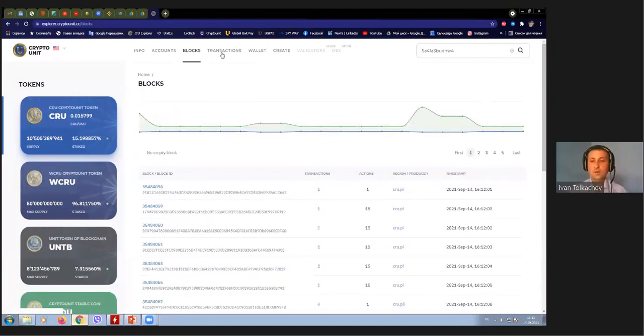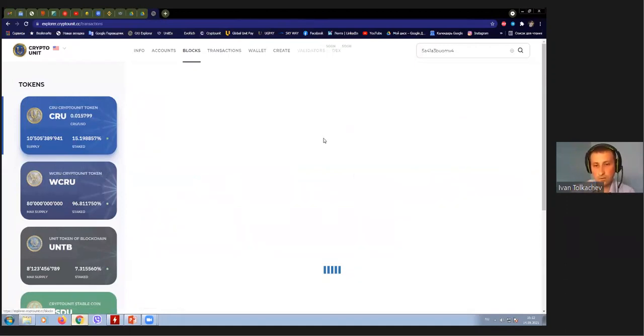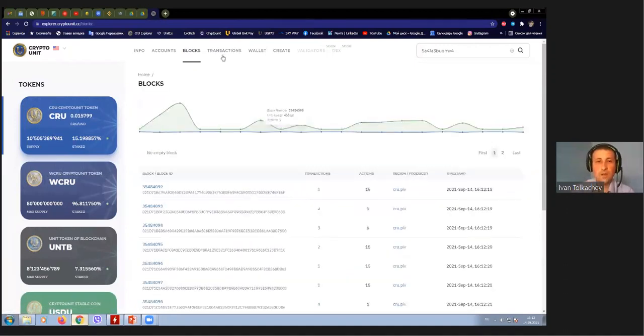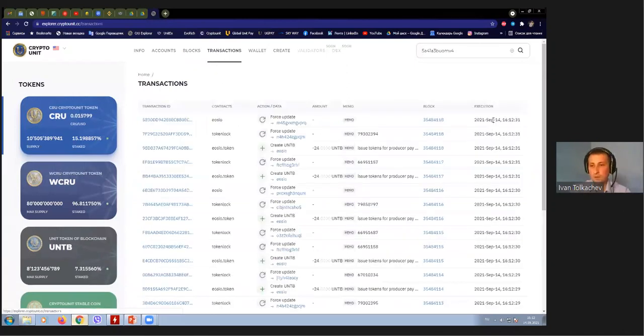The next tab is Transactions. It's much more interesting. Here we may see all the transactions effected on the blockchain. Compared to the Blocks tab, where we see that they emerge instantly, in the Transactions tab, when you go there, you will see the latest transactions as of the time you entered this tab. But if you refresh it, then at the top, you will see new transactions added.